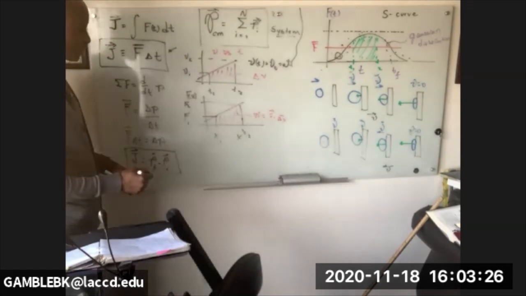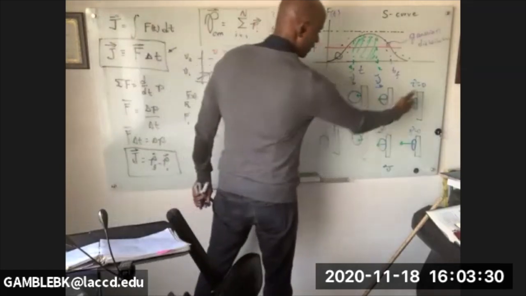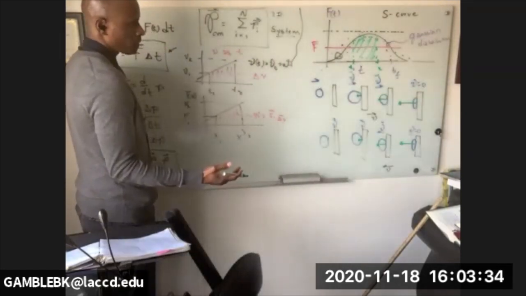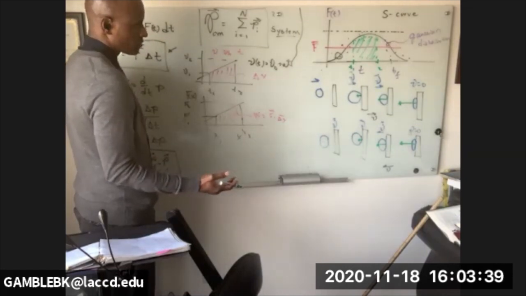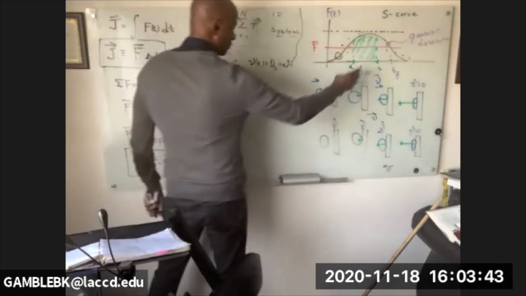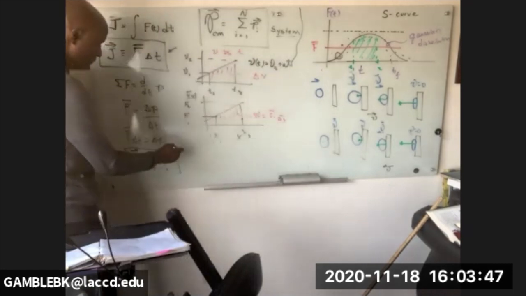Or maybe this represents a ball hitting the wall, and they ask you something like, what is the initial velocity? Well, again, you do the same thing. You get the impulse from the graph, and then you come over and use this formula.